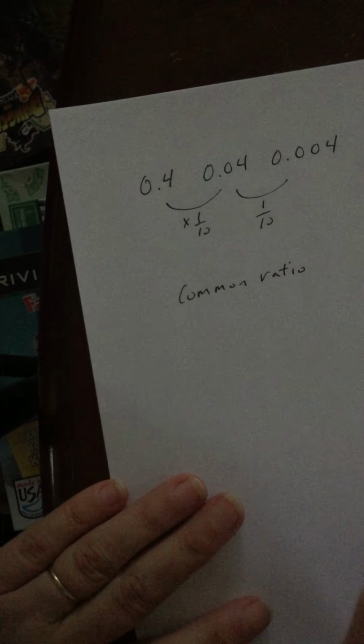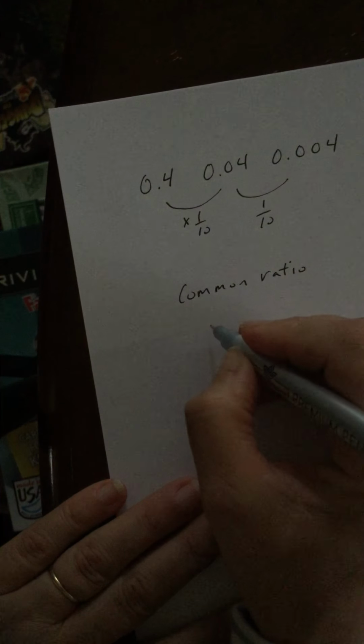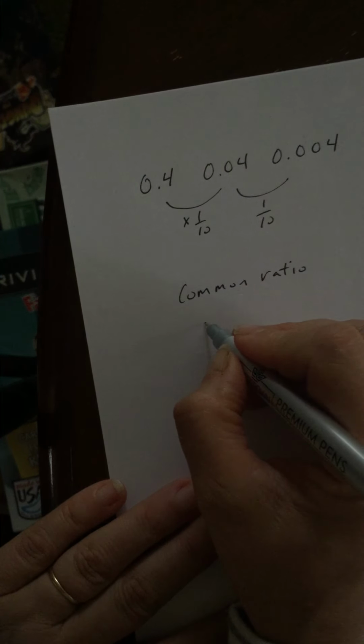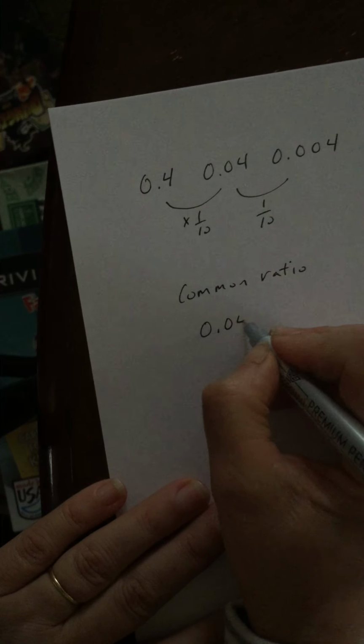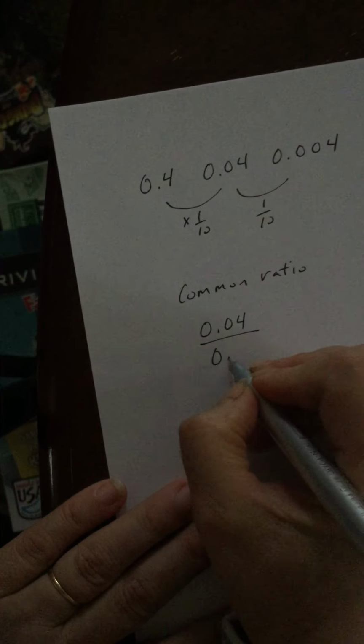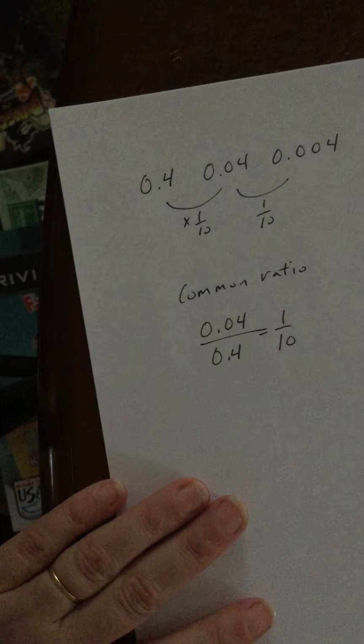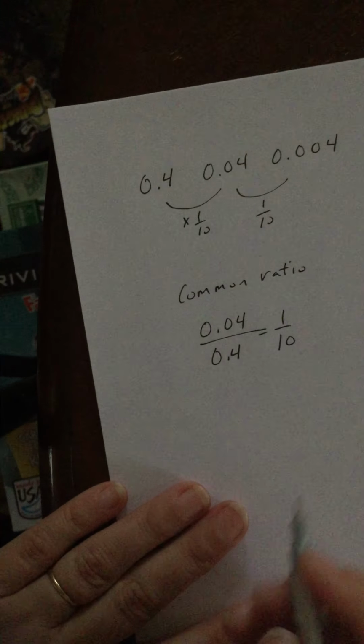What you want to do is take a term over the term before it and see that it has the same ratio. So this term divided by the term before it, and if I do that, I see the ratio of that is 1/10. The top is 1/10 the bottom.